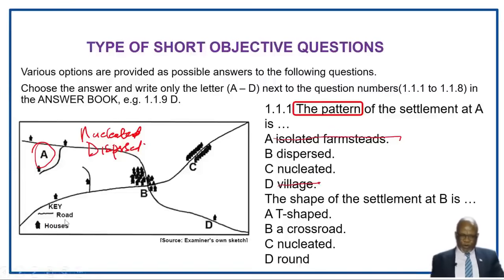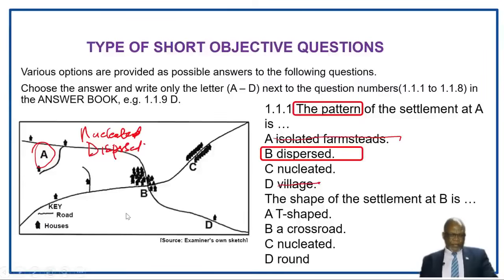So you only have two choices there: dispersed pattern and nucleated pattern. Now you're looking at the settlements here. Are they far from each other or are they close to each other? Then the answer will be that it is a dispersed pattern, because the buildings or the settlements are far from each other.